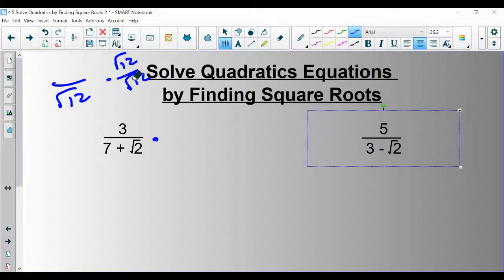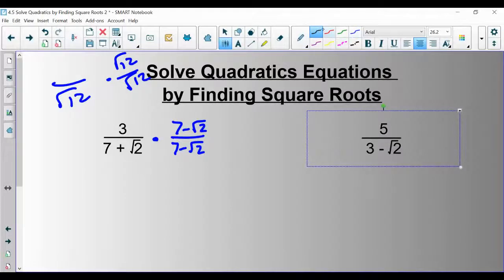However, it's not going to be the exact same thing. It's going to be the conjugate of the denominator. So 7 minus root 2 over 7 minus root 2. If you guys are thinking strategically here, this is still the number 1. It just doesn't look like 1. And how we choose it is it's going to be the conjugate of your denominator.